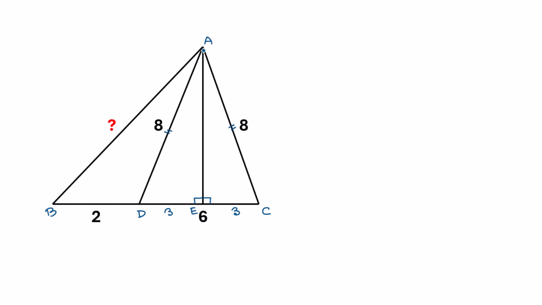Now in triangle AEC, this is a right angle triangle because this is 90 degree. Applying Pythagoras theorem to this triangle, we can write this AE square plus this EC square is equal to this hypotenuse, AC.